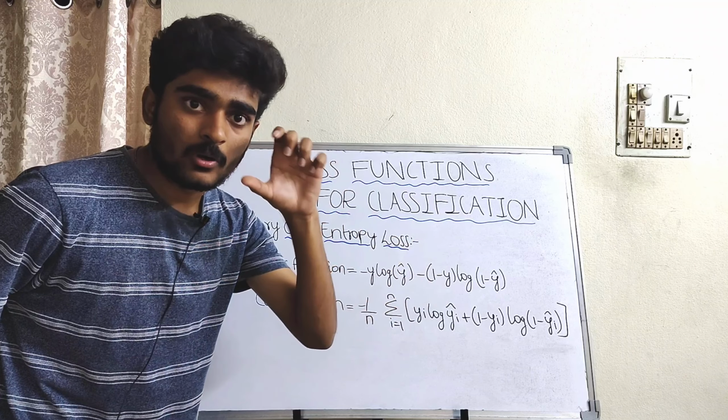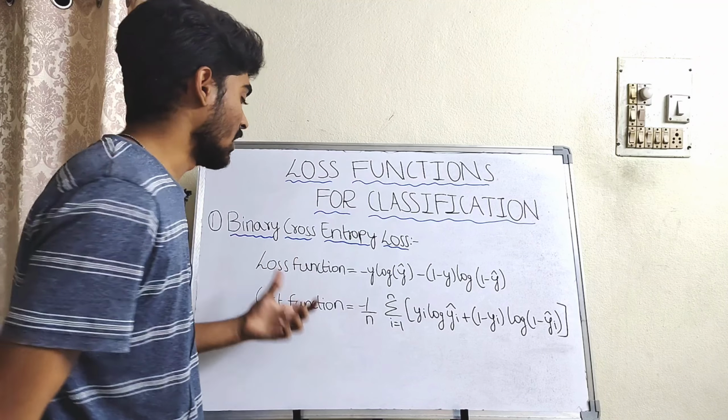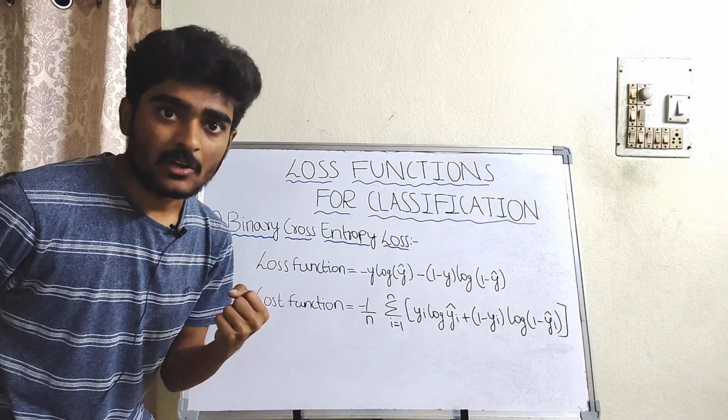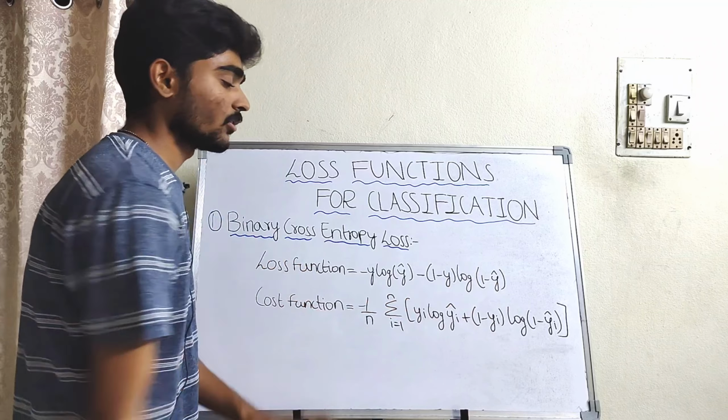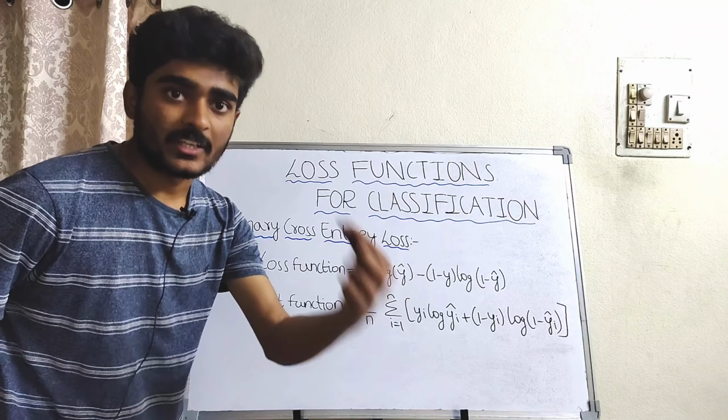All the output nodes in our neural network must have the sigmoid activation function. Then our binary cross entropy loss function will work effectively.